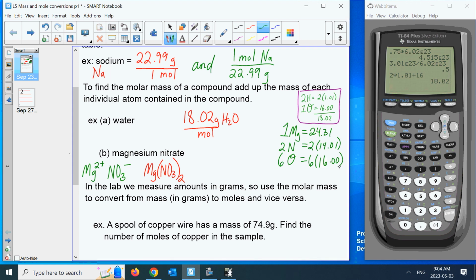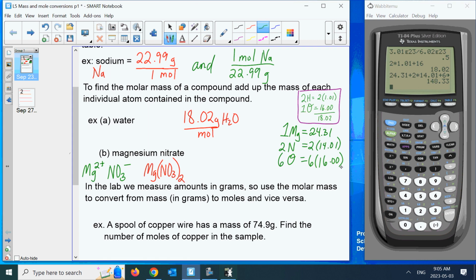I still put down the 0.00 because I'm being careful, and they're significant digits. So on my calculator, I'm putting 24.31 plus 2 times 14.01 plus 6 times 16.00. When I add that up, I get 148 point something.